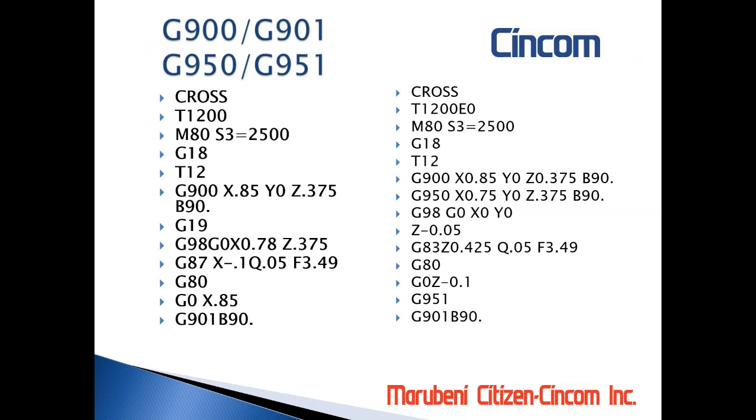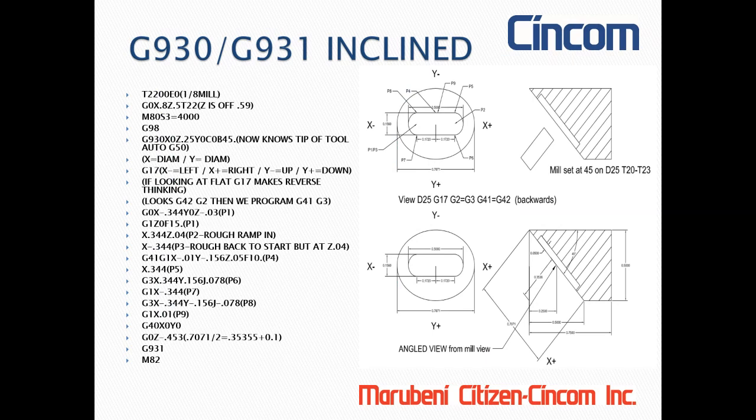We'll see. So moving forward about B-axis on, coordinate rotation on, off. Then we have to jump on the G930, G931 inclined surface machining. This is more for M800 controls. Basically, this is pretty much the same.